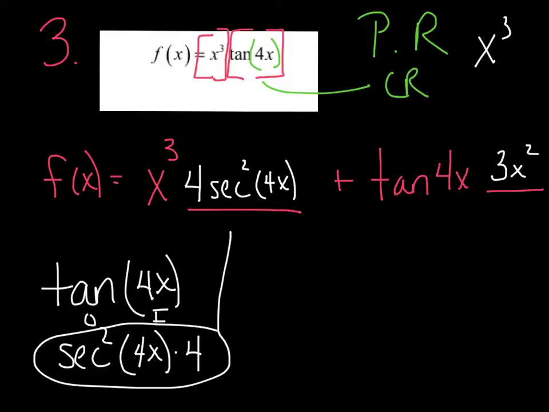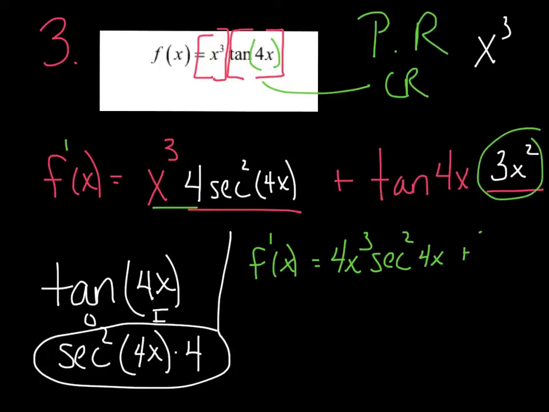If I have any GCFs, I'll pull them out, which I don't think I do, so I'm just going to rewrite. I can multiply the 4 and x cubed there, so I'm going to say f prime of x equals 4x cubed secant squared of 4x plus, pull that out front, 3x squared tangent of 4x.